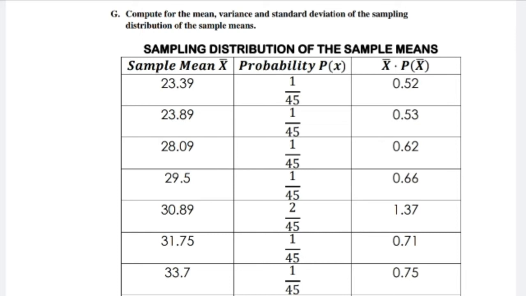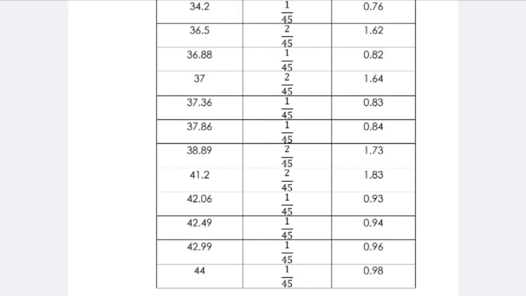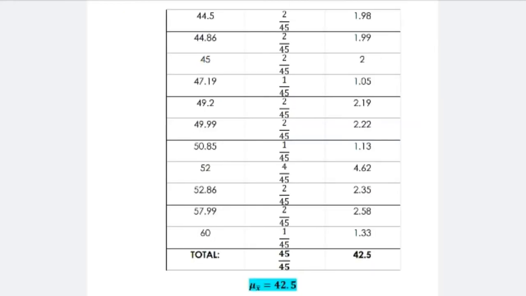So, 2/45 po yun dahil dalawang beses nag-appear yung number na yun. Then, itutuloy niyo lang po yun hanggang matapos nyo hanggang dulo. So, meron po tayong total dito, yung probability is 45/45 dahil 45 po yung samples natin. And then, yung total po nung sample mean times probability ay 42.5, which is equal din po siya dun sa ating mean.